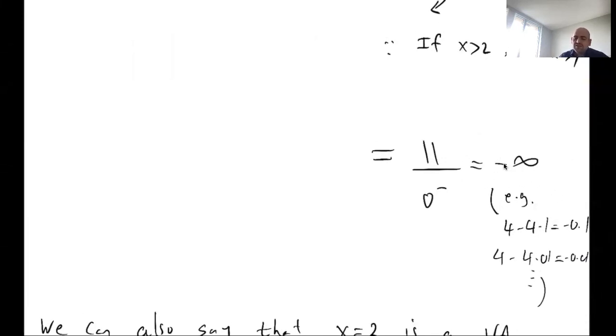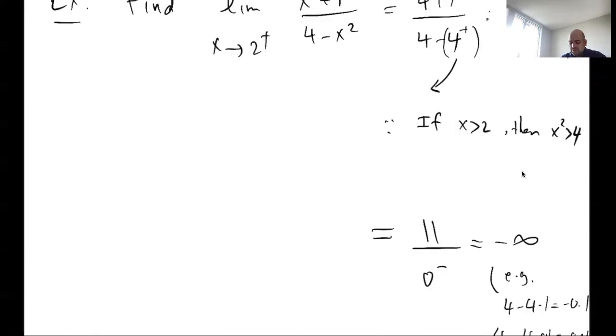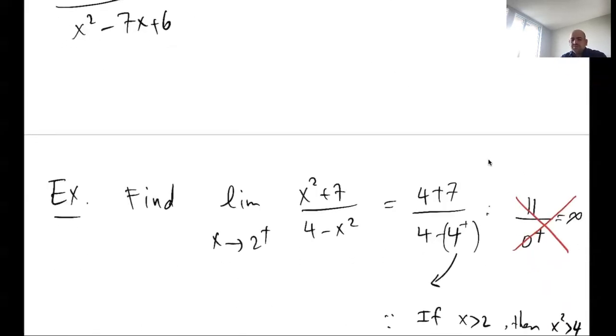And they have even different meaning, because this one, when it's minus infinity, means the number is a negative number, like minus 1,000, minus 10,000, and so on. But this one doesn't mean that the number is positive or negative. It's a notation used to imply that the number is a little bit bigger than 2. Or if you use minus, it means the number is a little bit less than 2.